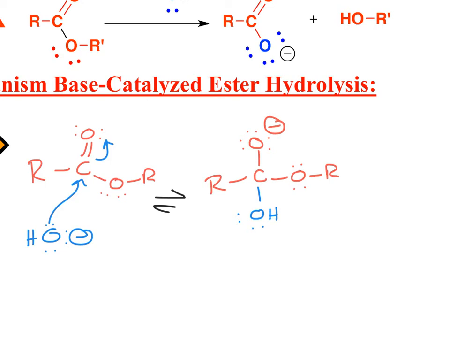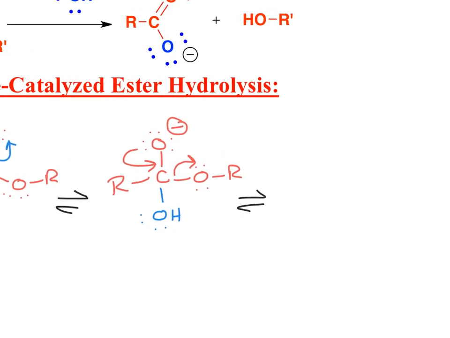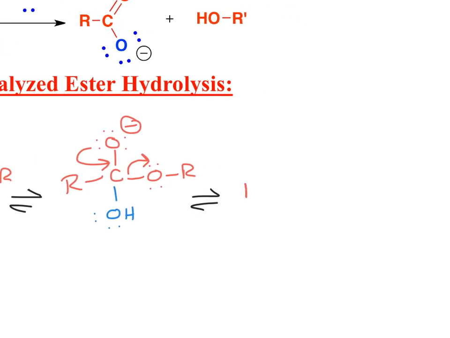And again, our tetrahedral intermediate isn't going to last very long. It's going to collapse, and when it does, something's going to get kicked out. Well, the better of the two leaving groups here is actually going to be the OR. We're going to kick out OR in this case, yielding our carboxylic acid, which under basic conditions is not going to stick around very long. It will be quickly deprotonated.